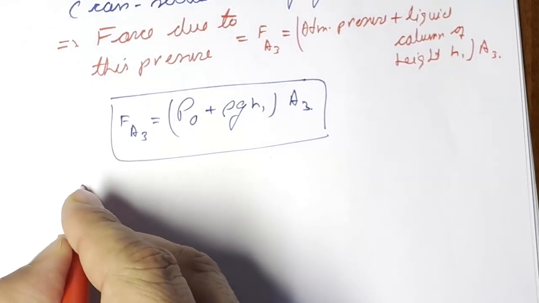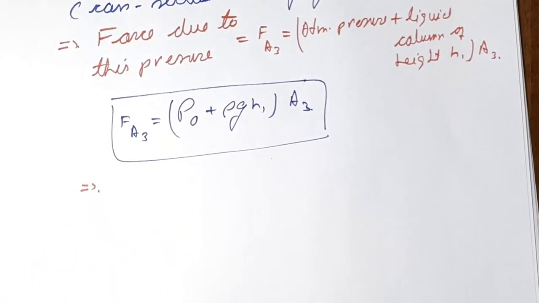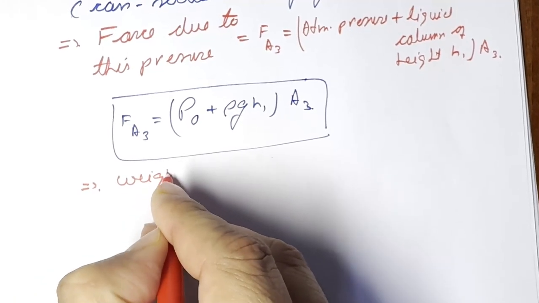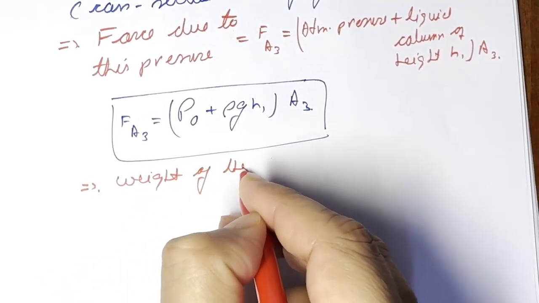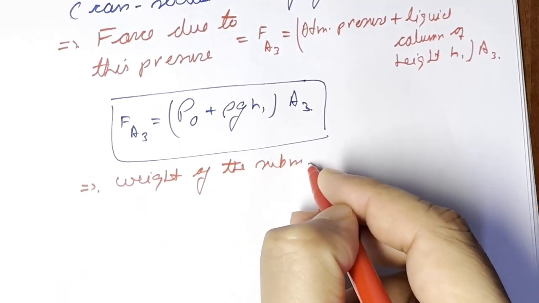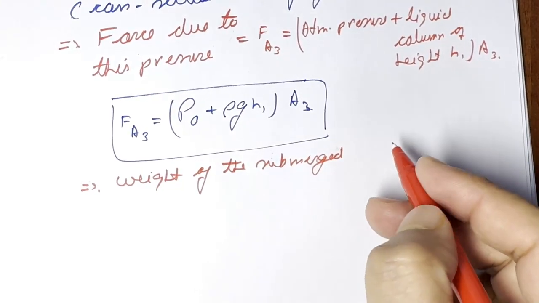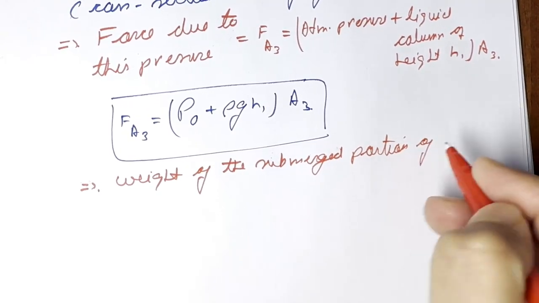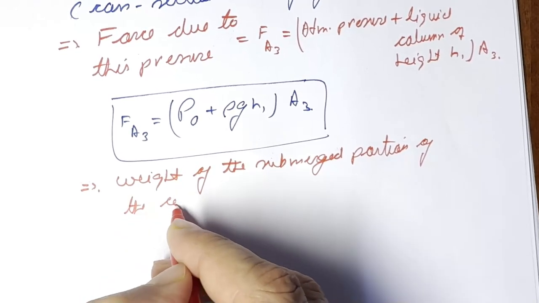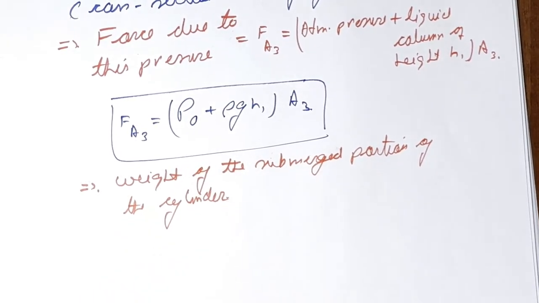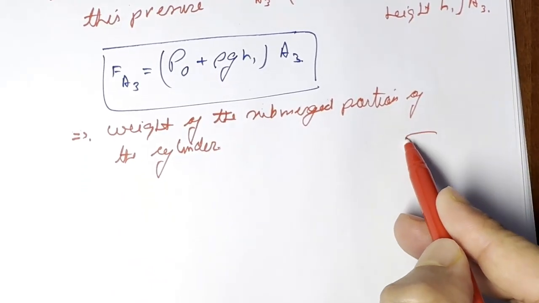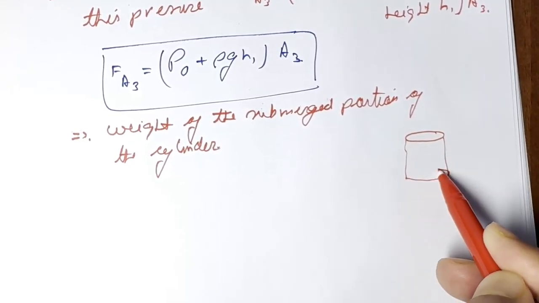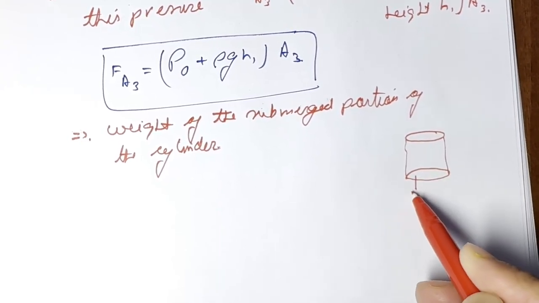Next is our weight of the submerged portion of the cylinder that will be acting downward. So this is our cylinder, I'm drawing a small one, and the entire weight will be acting in the downward direction.